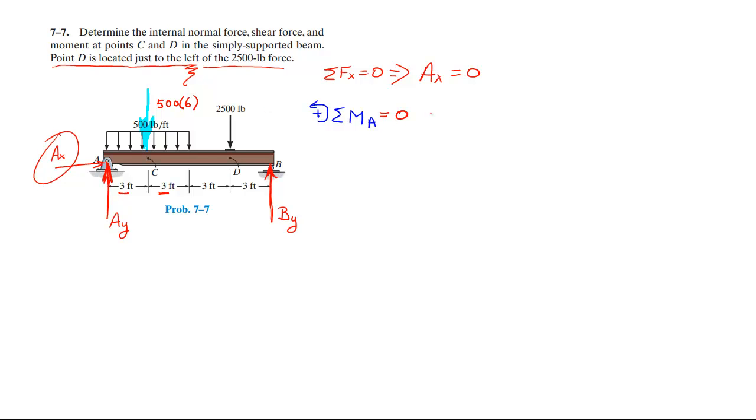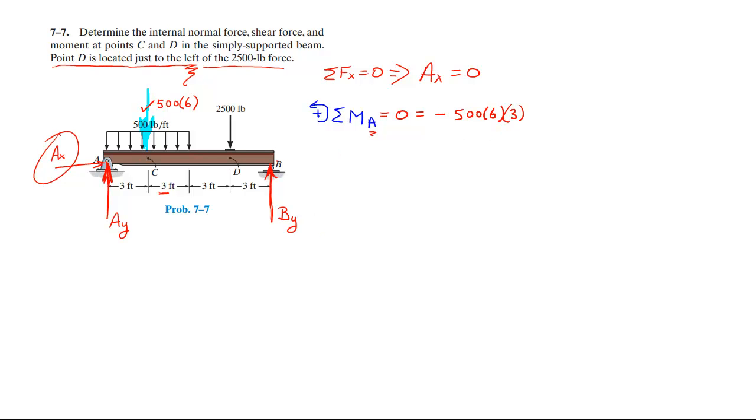Since we're summing moments about A, this goes minus 500, 6. And what's the moment arm here? The moment arm is 3.